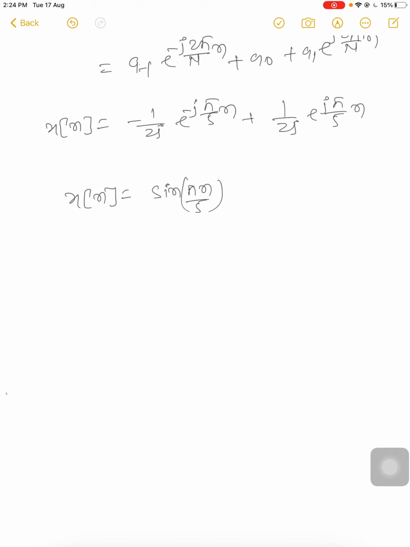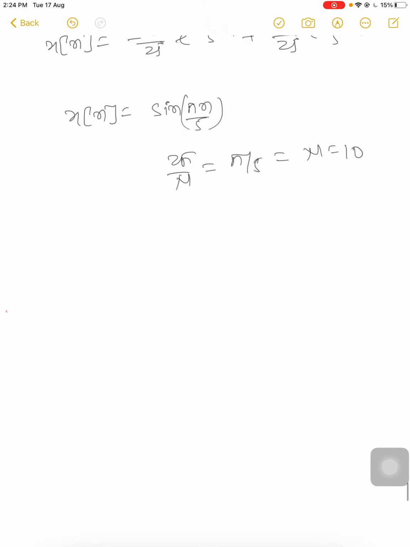It means, by comparison, 2 pi by capital N is equal to pi by 5, then N is equal to 10. Okay, N is equal to 10 by comparing.